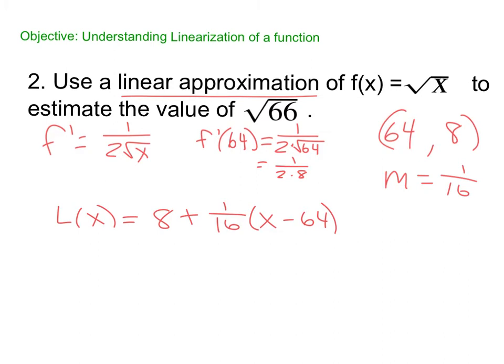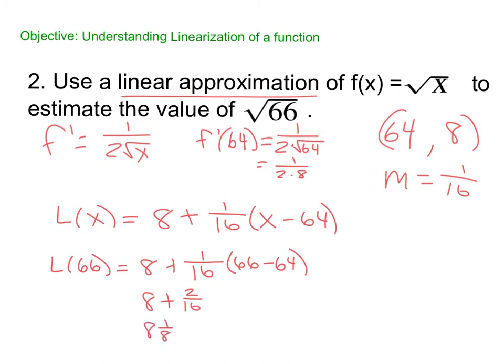So I'm going to plug in what we want to estimate, L of 66. So 8 plus 1 over 16, 66 minus 64. So that's 2 over 16. That's 1/8, 8 and 1/8. So that's my estimate. 8 and 1/8 is 8.125.